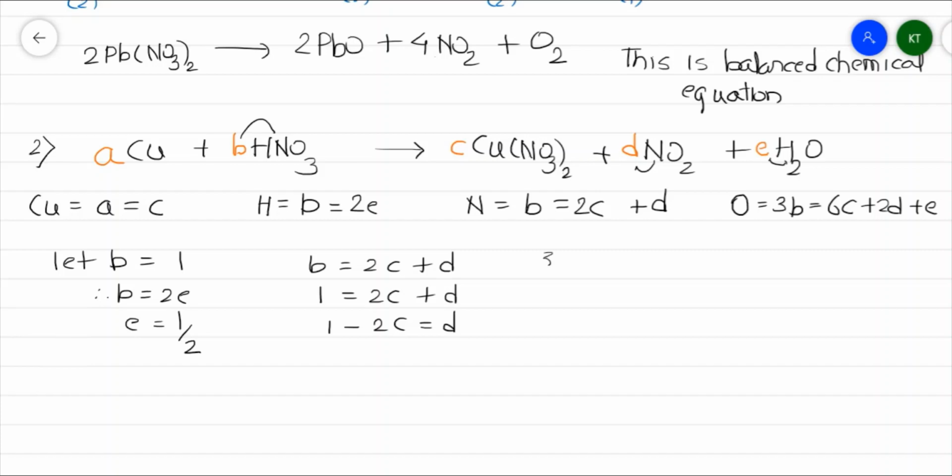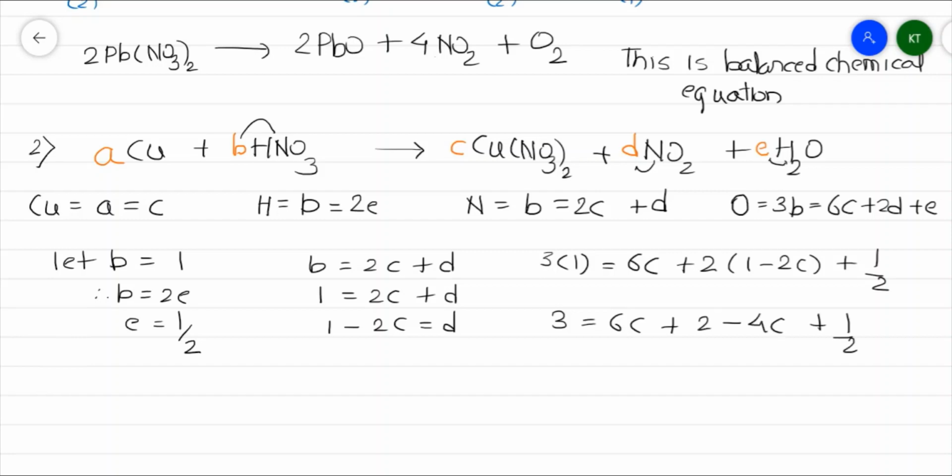So I have 3B, so 3 into 1 is equal to 6C, I don't know the value here, plus 2 into D, where D value is 1 minus 2C, and E value I got as a half. So let me solve this equation here. 3 is equal to 6C plus 2 minus 4C plus 1 upon 2. Now let me take a common LCM here.